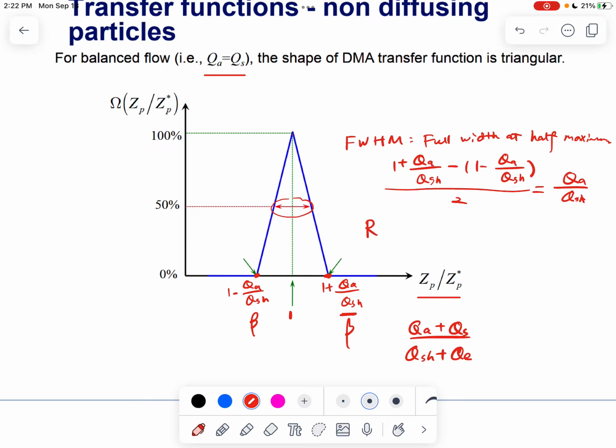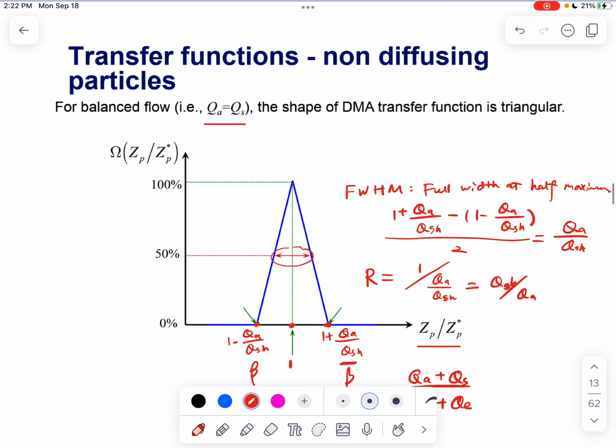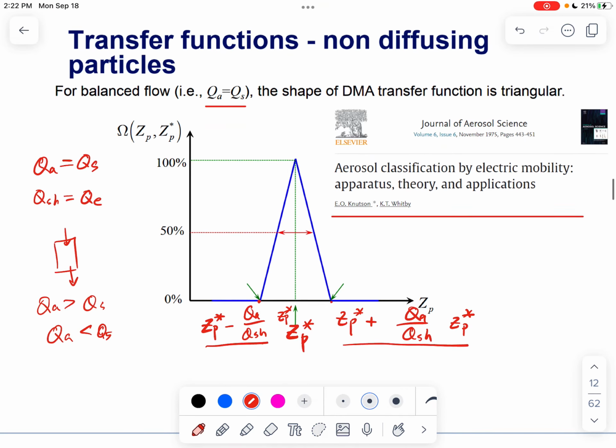And further, people define the resolution of the transfer function. Basically, that is the centroid mobility divided by the width of the transfer function. That is 1 divided by QA over Q sheath, which is Q sheath divided by QA. Okay, so this is the same as when you're trying to calculate the resolution of the peak under the actual electrical mobilities.